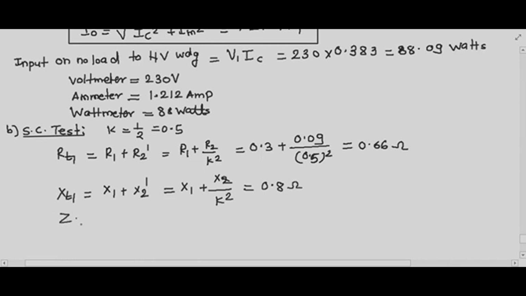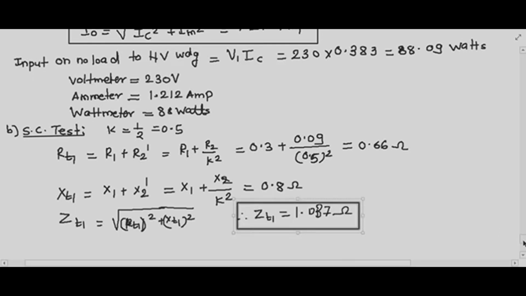So ZT1 is nothing but equal to the square root of RT1 square plus XT1 square. Therefore students, you will get ZT1 equal to 1.037 ohm. Please calculate it and check it.